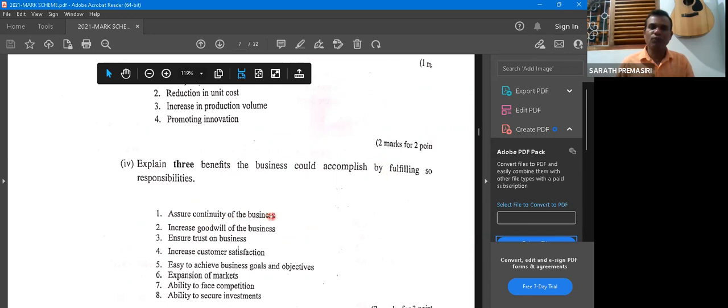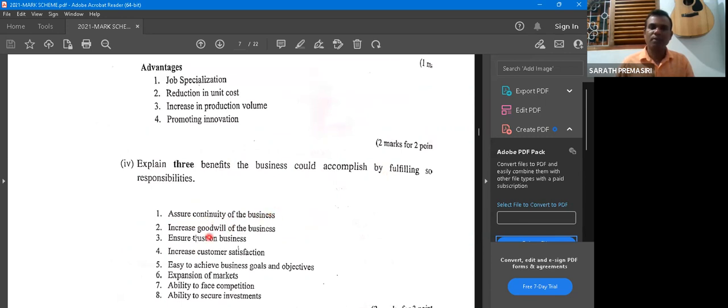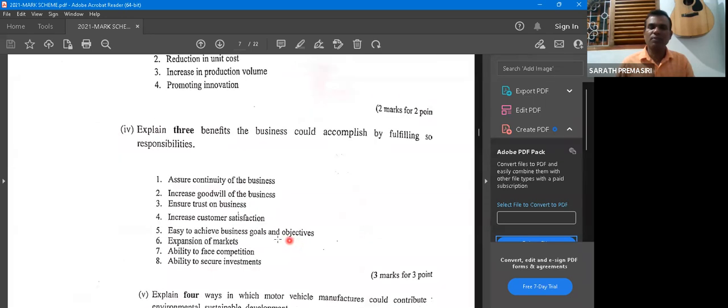Assure continuity of the business, increase goodwill of the business, ensure trust on business, increase customer satisfaction, easy to achieve business goals and objectives, expansion of market, ability to face competition, ability to ensure investment.